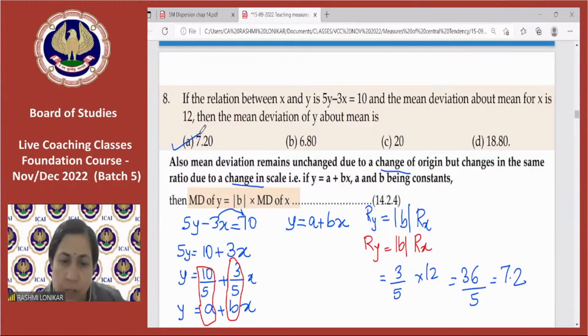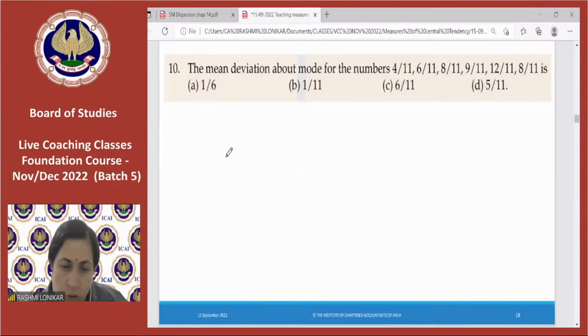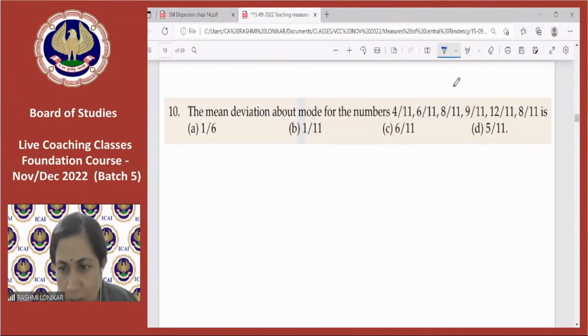Yeah. So next we are going to do mean deviation about mode. Now here you have to just pay attention to the numbers.